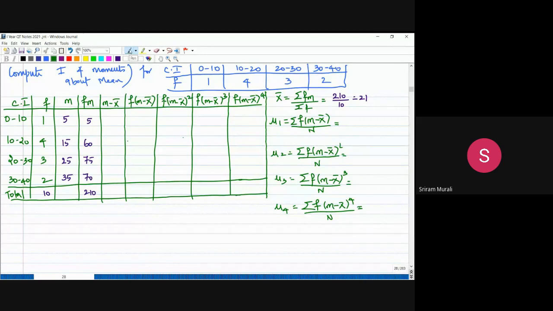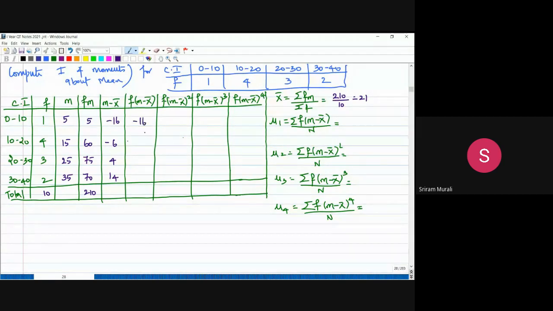So m minus x bar: 5 minus 21, 15 minus 21, 25 minus 21, 35 minus 21. Take the difference, multiply f into m minus x bar.